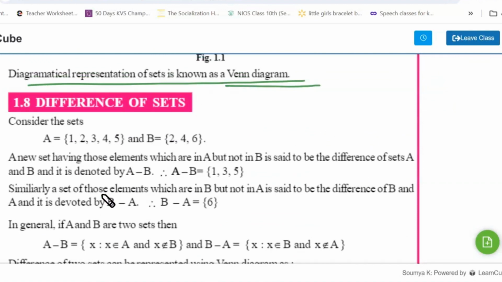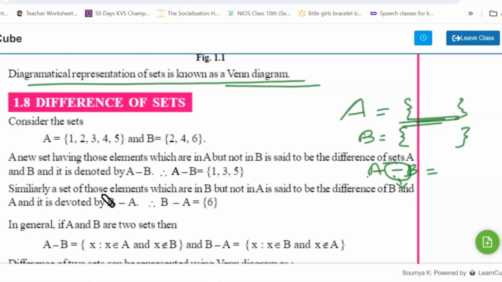So difference of sets, as we know what is difference, two sets will be there and we have to find the difference of them. Means you have got set A, some elements here, and set B, some elements in B. If it is A difference B, that means A minus B, the representation of difference is through this minus sign, and A minus B states that you have to take the elements of A and subtract the elements of B from A. We will see an example and understand better.